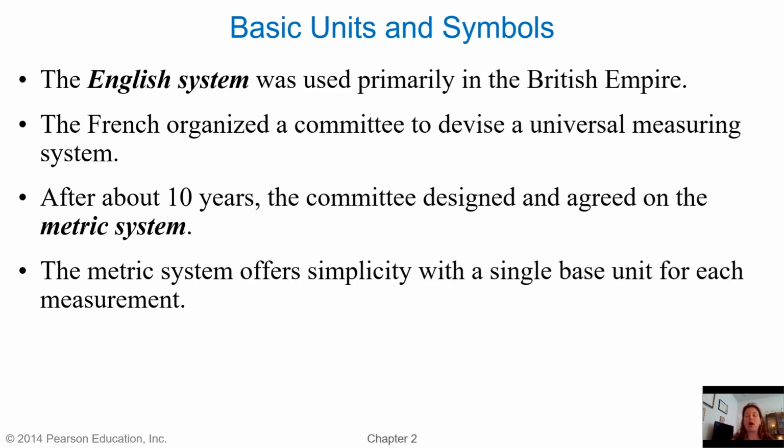So whether I'm talking about scientists or chemists in Germany or South America or anywhere, any chemist knows that 10 centimeters is 10 centimeters is 10 centimeters. That's different than if I tell you, for example, an eighth of an inch, okay?